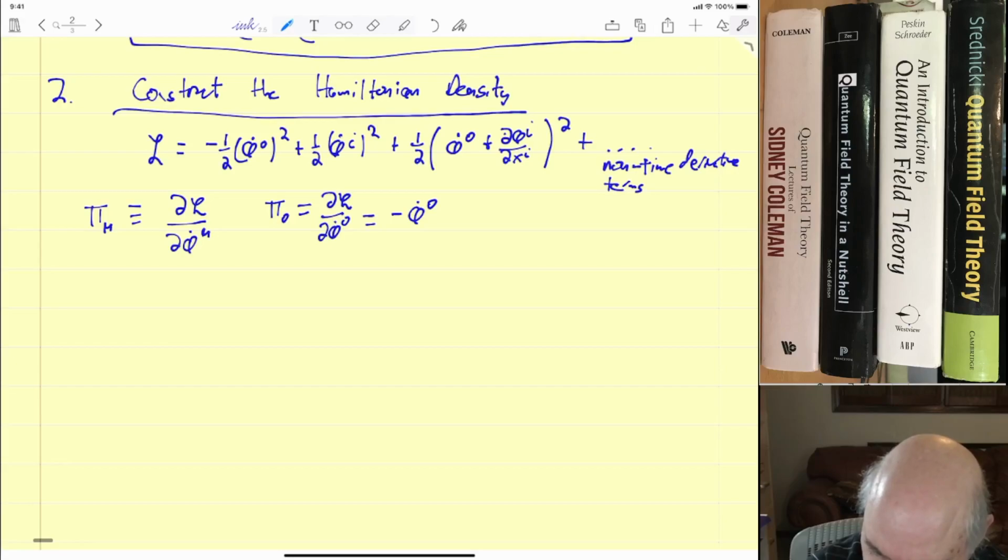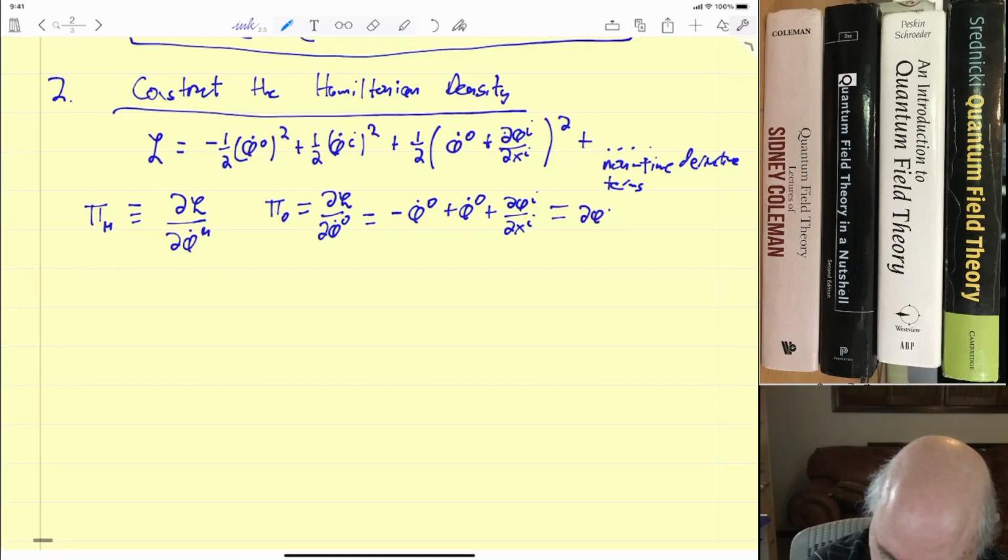And the derivative of this term with respect to phi dot 0 is just 1. So I get plus phi dot 0 plus the partial of phi I with respect to xi. So these two terms cancel, and it's just the partial of phi I with respect to xi. Okay. We box that equation.